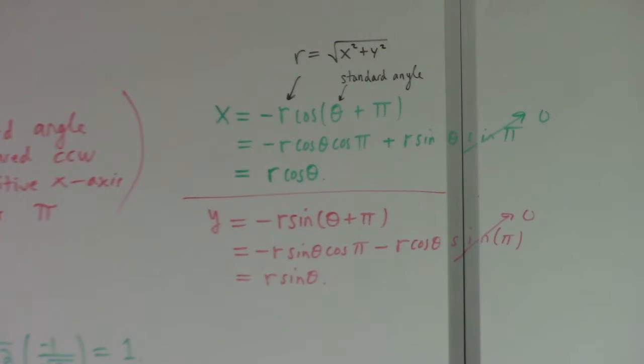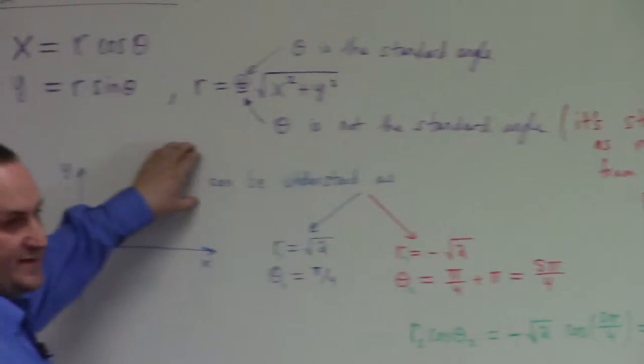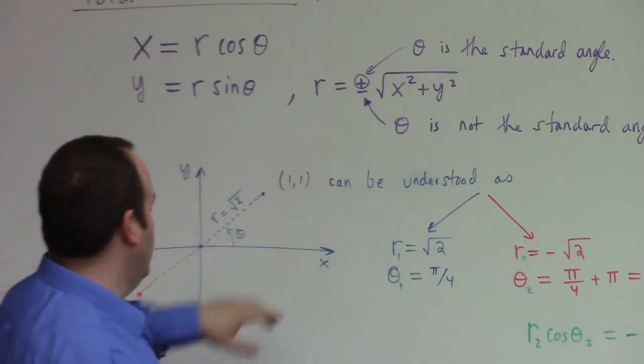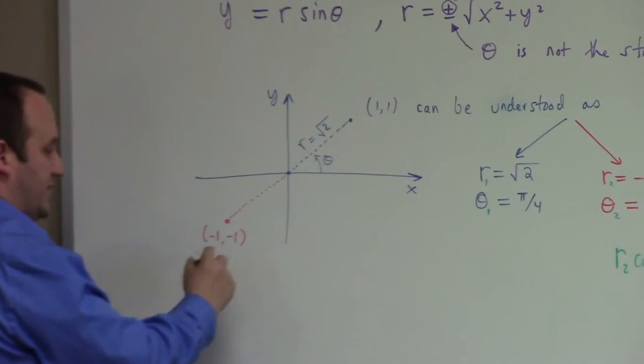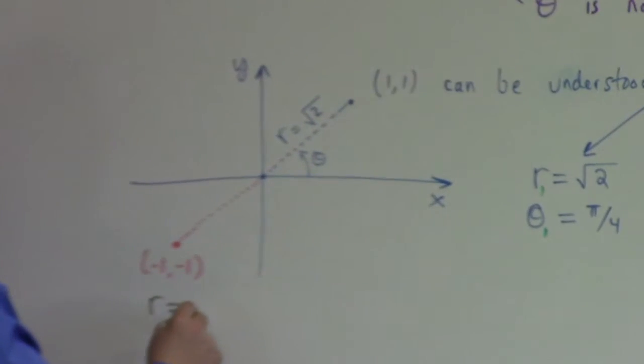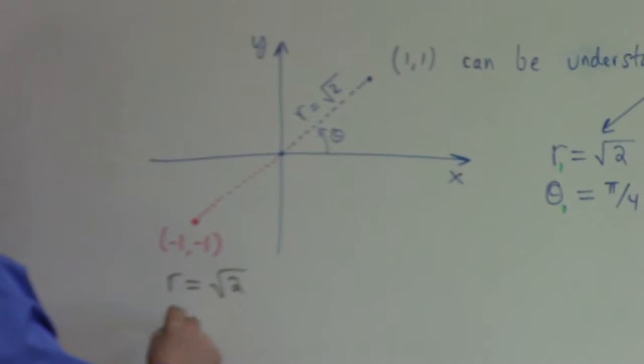So my next example confused the earlier section a little bit because I switched gears here a little bit. This whole discussion, I'm fixing a particular point, really, and I'm just analyzing different polar coordinates for that same point, all right? This point down here, for what it's worth, what are the polar coordinates of this? R equals the square root of 2, theta is what? Standard angle is what?